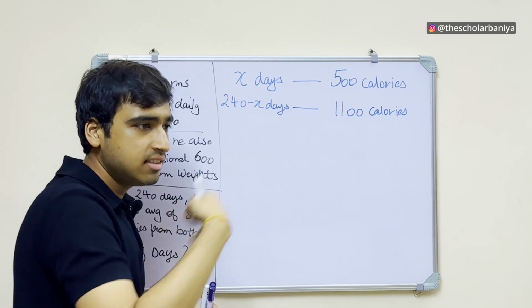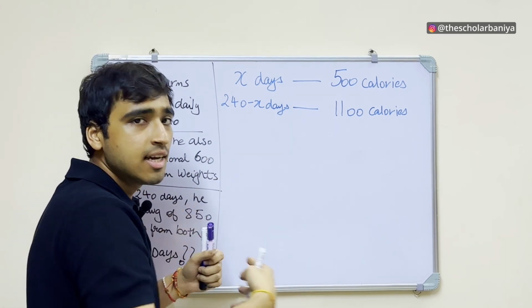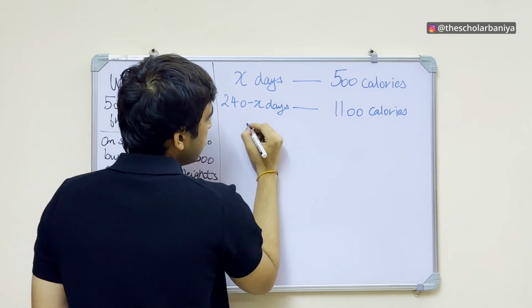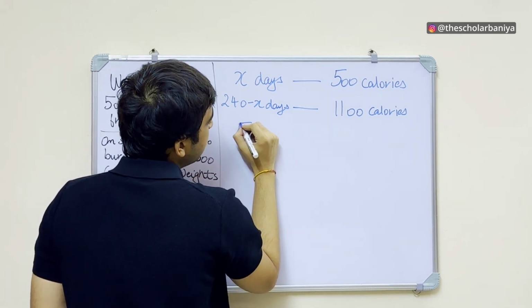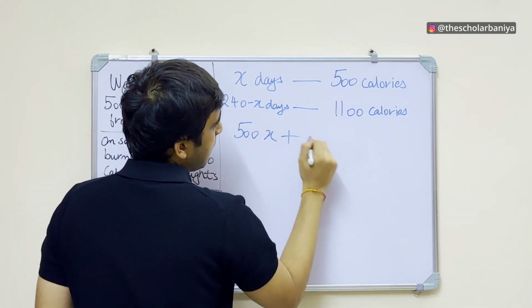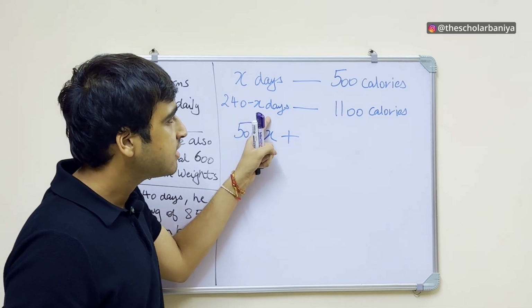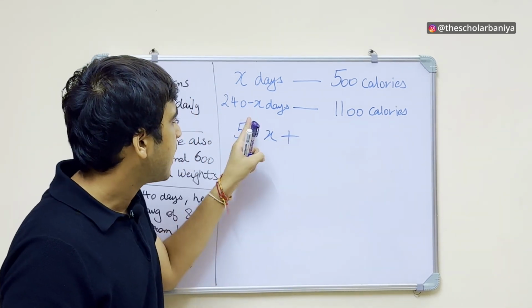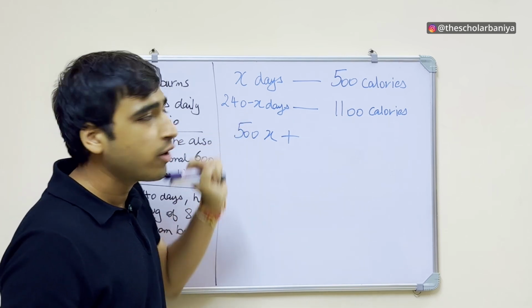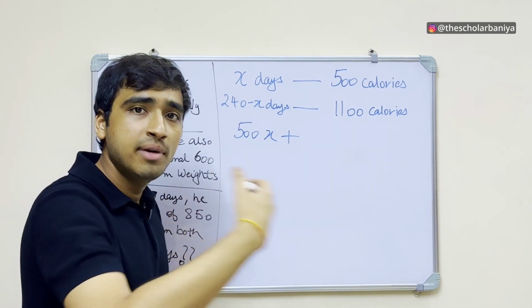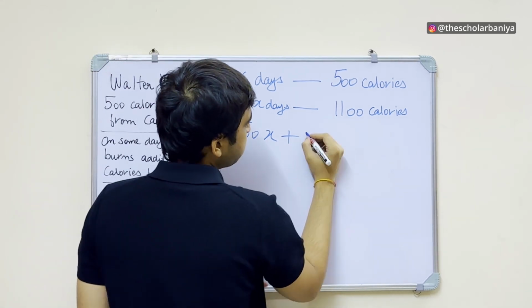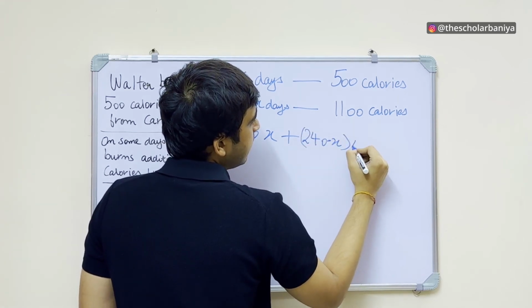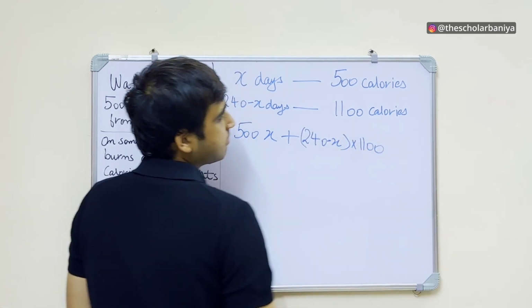So if he does this activity for X days, how many calories will he burn in total? 500 times X. Plus on few other days, he does burn 1100 calories. So for example, he does this for 240 minus X days. So total how many calories will he burn? He will burn (240 minus X) into 1100.